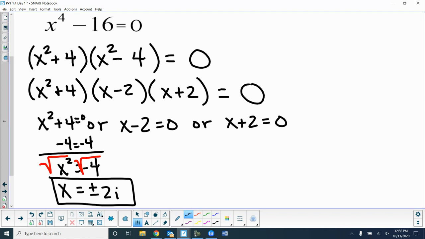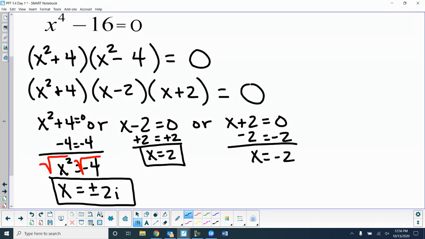All right, this one we add 2. And this one we subtract. So you look at the beginning problem. The degree is 4. That first term to the 4th power. That means there's going to be 4 answers.